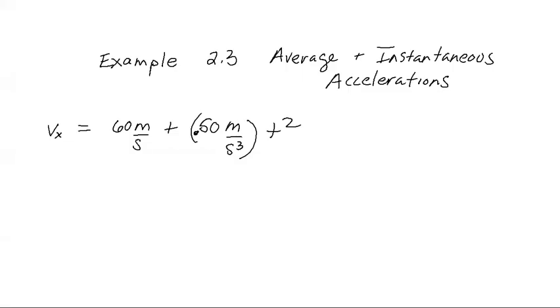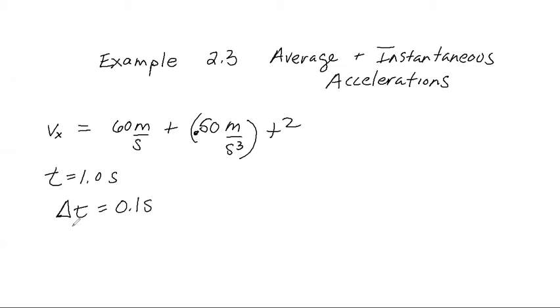For C, we want to find the average acceleration at t equals 1.0 second, and we want to do this by taking the limit as delta t gets smaller and smaller. I'll do the first one for you, and I hope that you do the other ones on your own. My time increment here is going to be delta t equals 0.1 second.